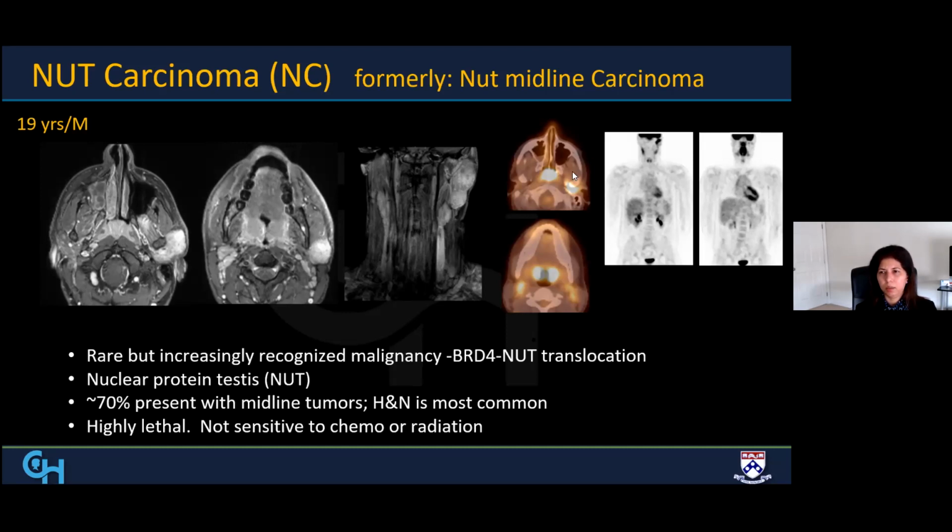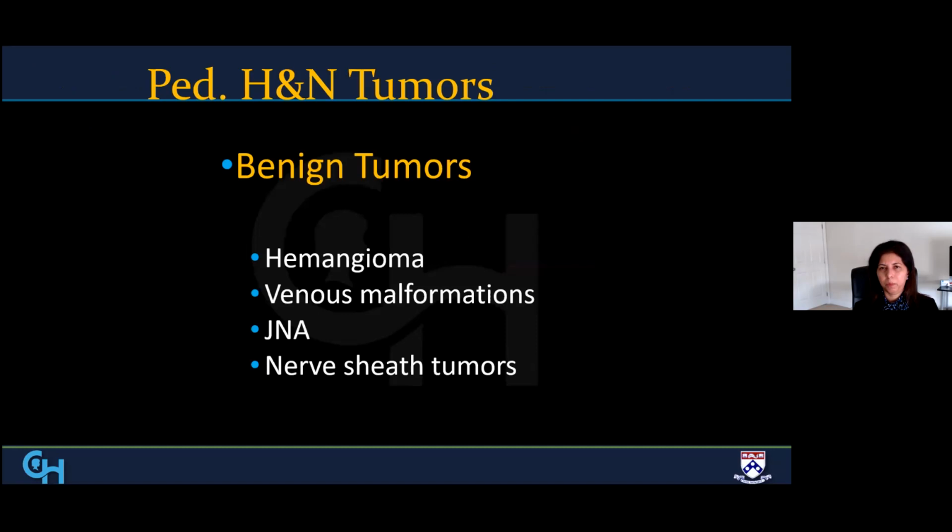You can see the uptake here in the primary lesion as well as in the metastatic lymph nodes on these composed maps, as well as in the source images. So it's a tumor with a bad prognosis, but think about this in an aggressive looking tumor in some of the older patients, usually more in males.